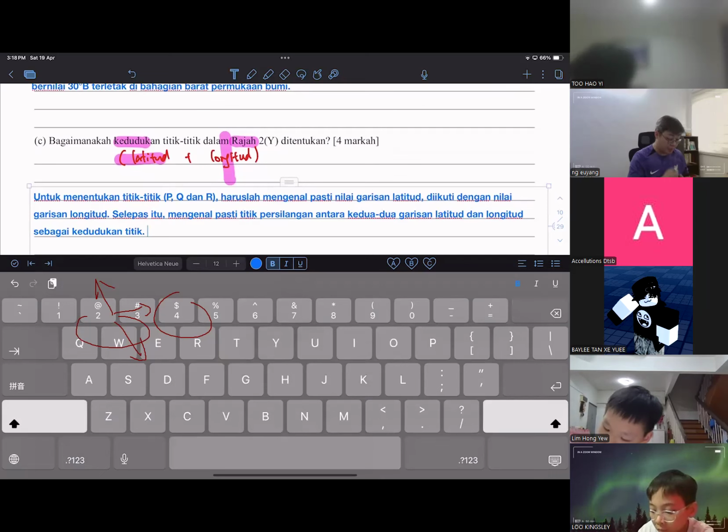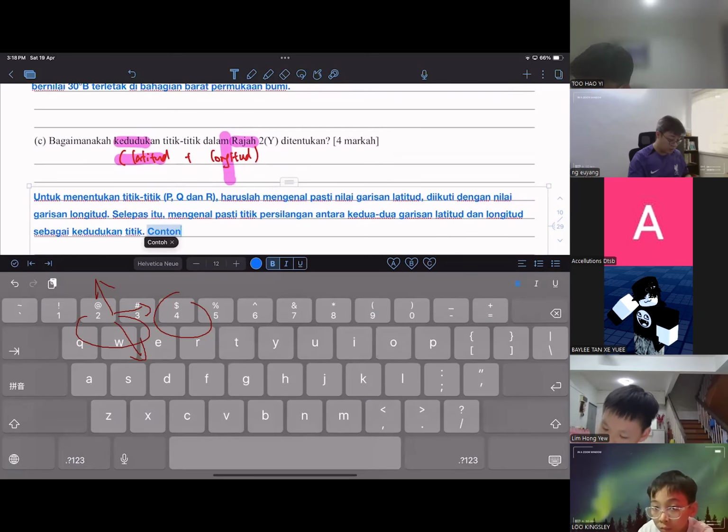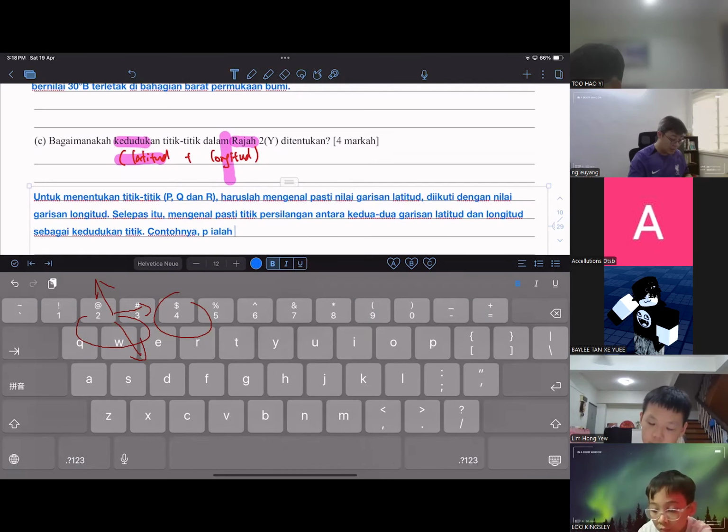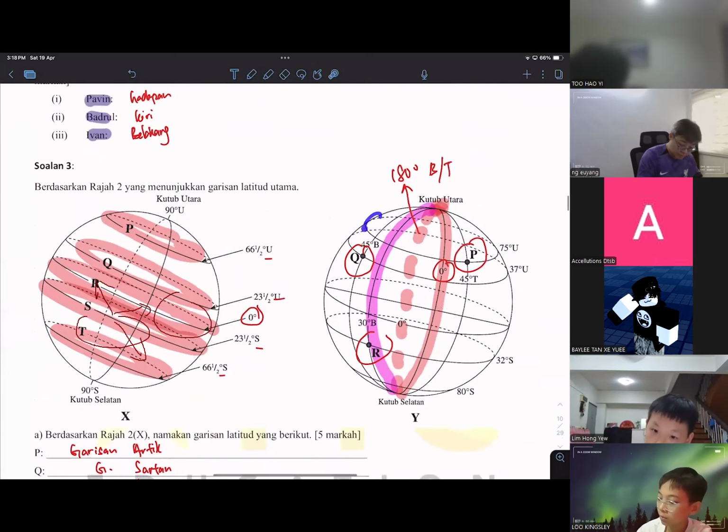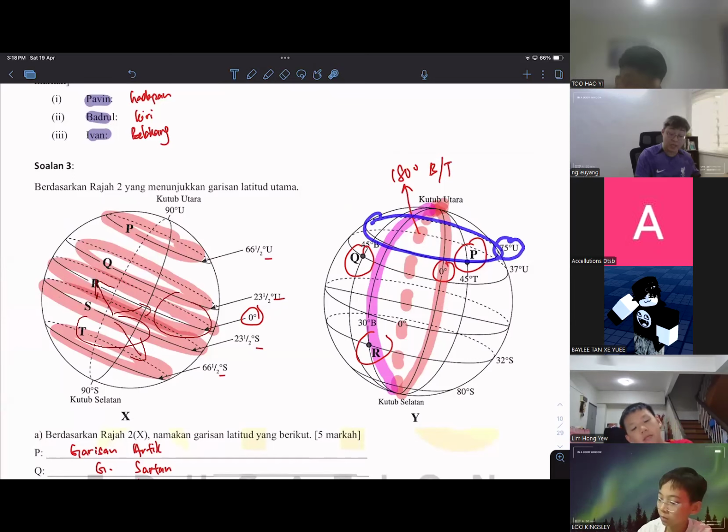So the fourth mark will be contohnya. So you try to mention all the titik PQR for the kedudukan. So contohnya P ialah, so this is capital P. So that's why it's the P value. So P value is the latitude first, 75 degree north.